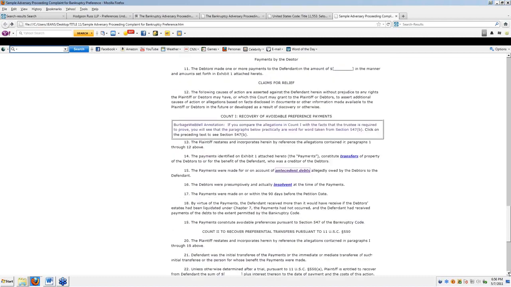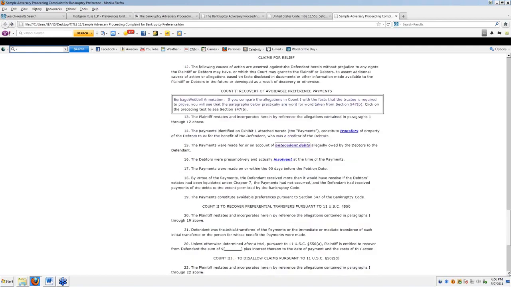So if you recently had an adversary complaint dismissed, could you not go back in on a reconsideration if the time has not run? Yeah, you want leave to amend the complaint. Well, they've already dismissed the complaint. Why did they dismiss the complaint?